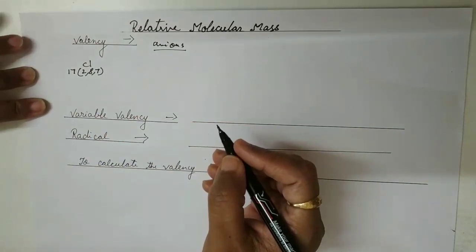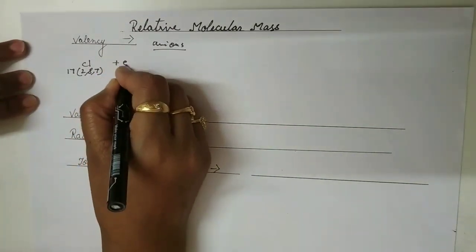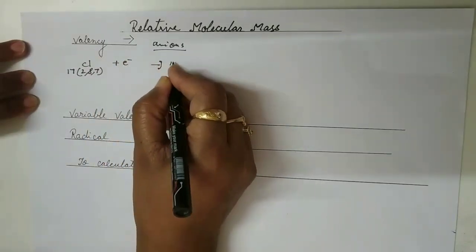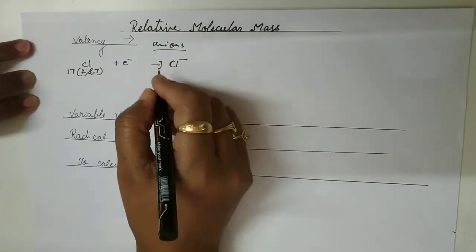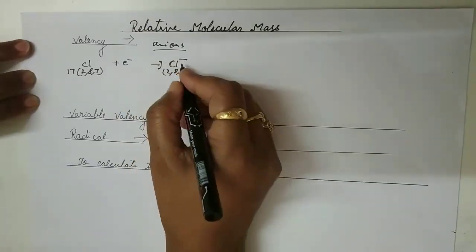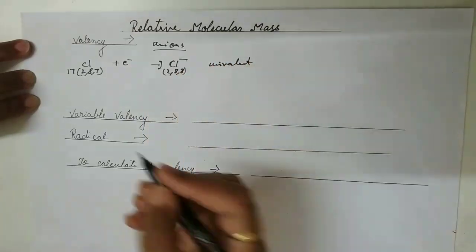So to attain octet, it has to gain 1 electron and it becomes chloride with electrons 2, 8, 8. So univalent.